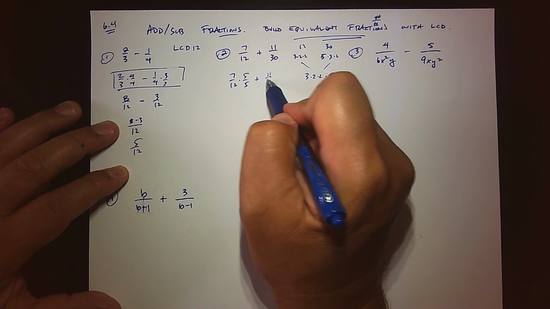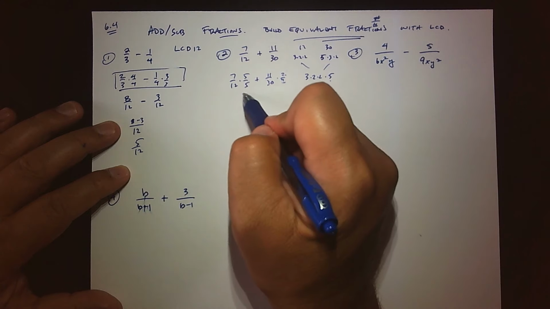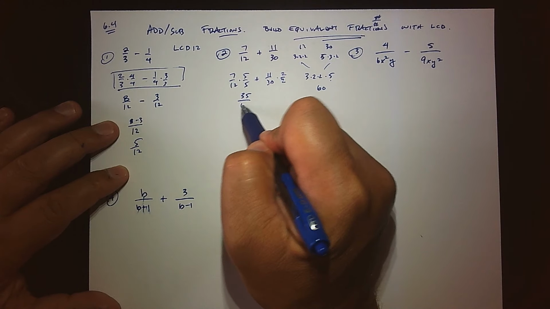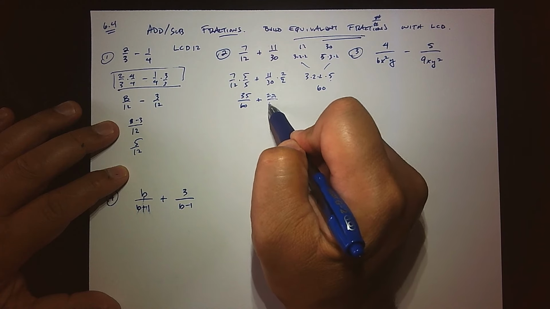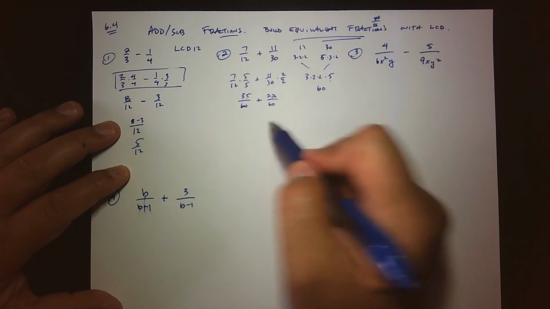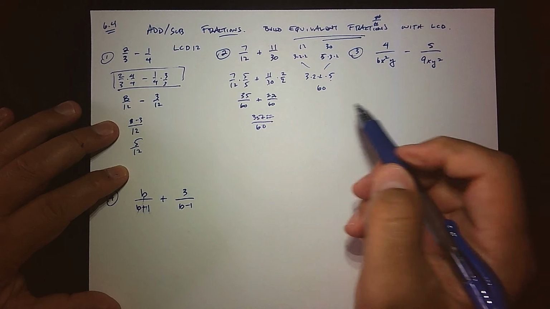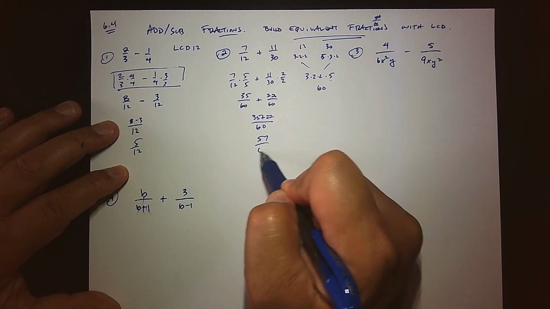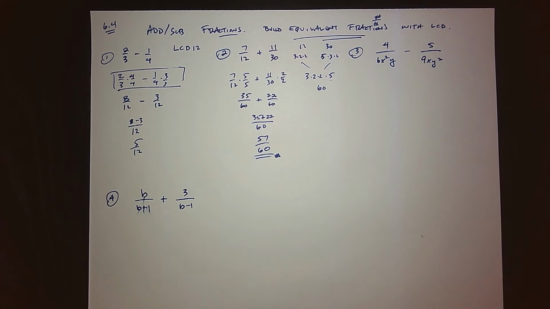What do I multiply 30 by to get 60? Well, it's 2. This builds the equivalent fraction 35 over 60, and this builds the equivalent fraction 22 over 60. I have the same denominator, so I can add my numerators, and it looks like we get 57 over 60, and that's the result of that addition. So we're good to go.